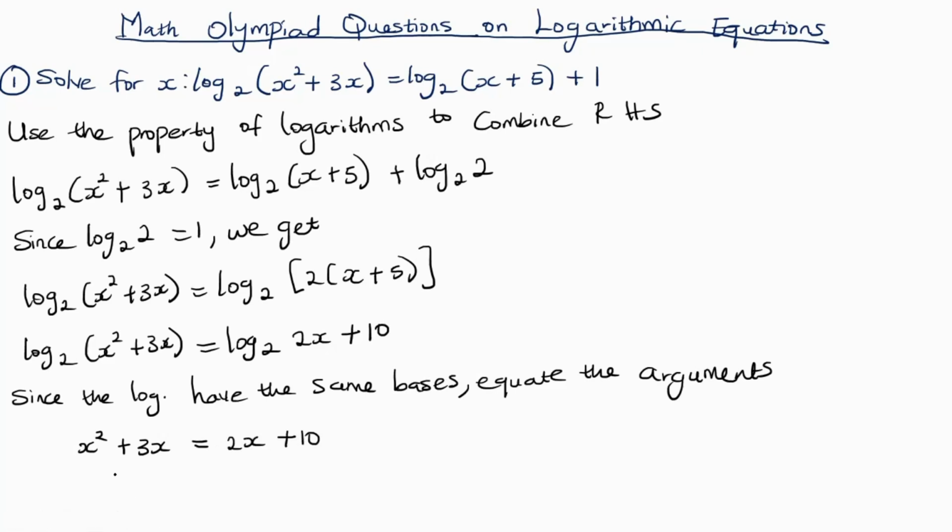Expanding both sides, we have x squared plus 3x, this becomes minus 2x, and if this crosses, this becomes minus 10, is equal to 0. So this is going to be x squared, 3x minus 2x is going to give us plus x, minus 10 is equal to 0.